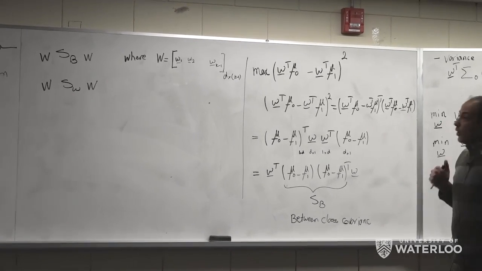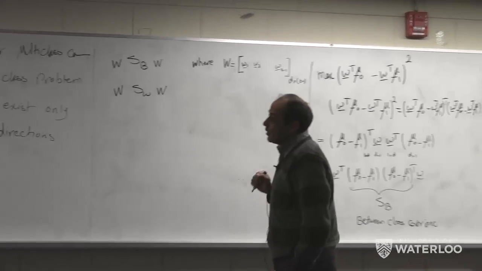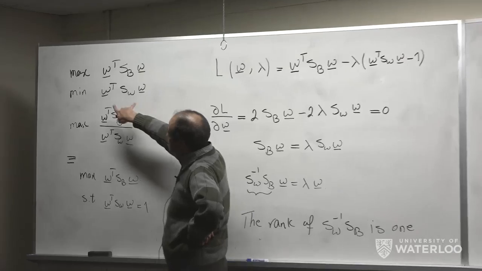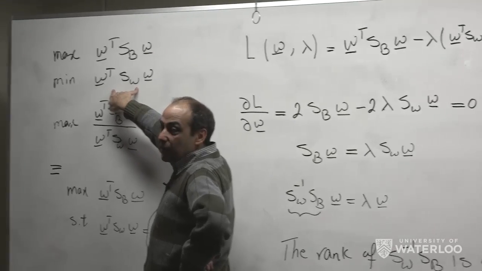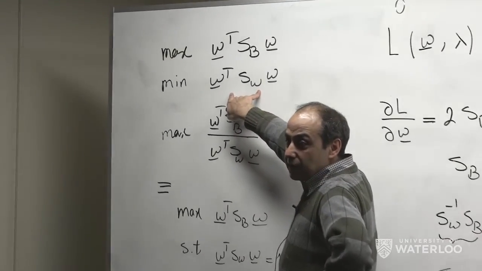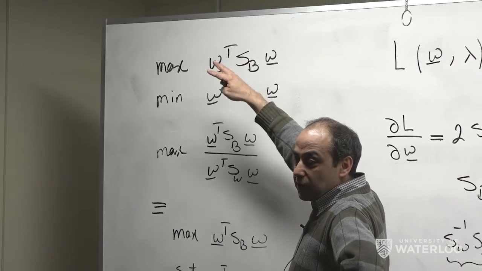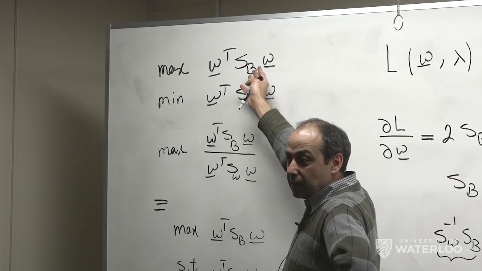Okay, we had two important quantities: variance of projections within class and variance of projections between classes.